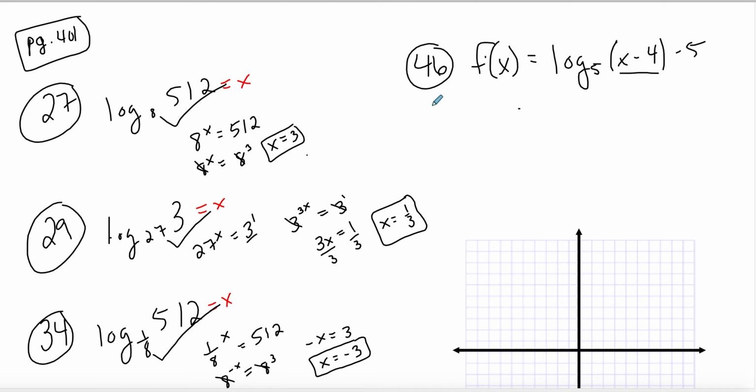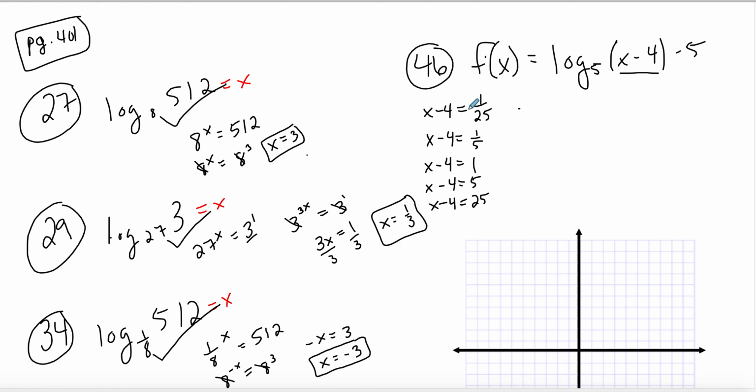We want x minus 4 to be 1/25. Then we want x minus 4 to be 1/5. Another power of 5 that people forget about is the 1, right? 5 to the 0 equals 1. We want x minus 4 to be a 1. Then we want x minus 4 to be a 5, and then 25.